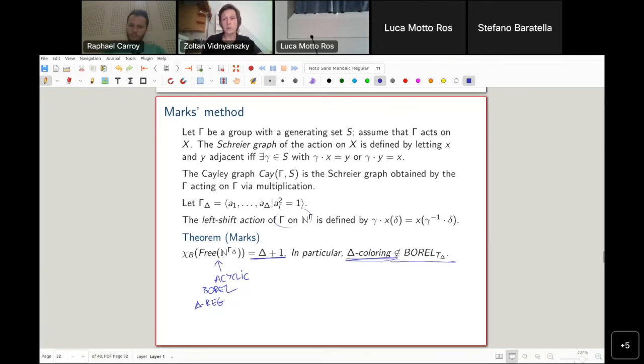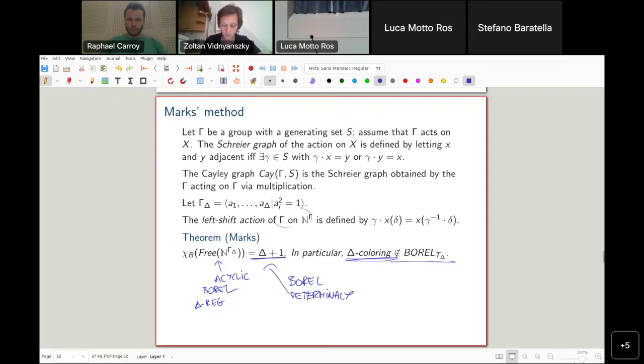As I mentioned, the remarkable thing about this idea is that it cannot use measure or category. So the new tool which Andrew came up with was using the Borel determinacy theorem. Okay, fine.